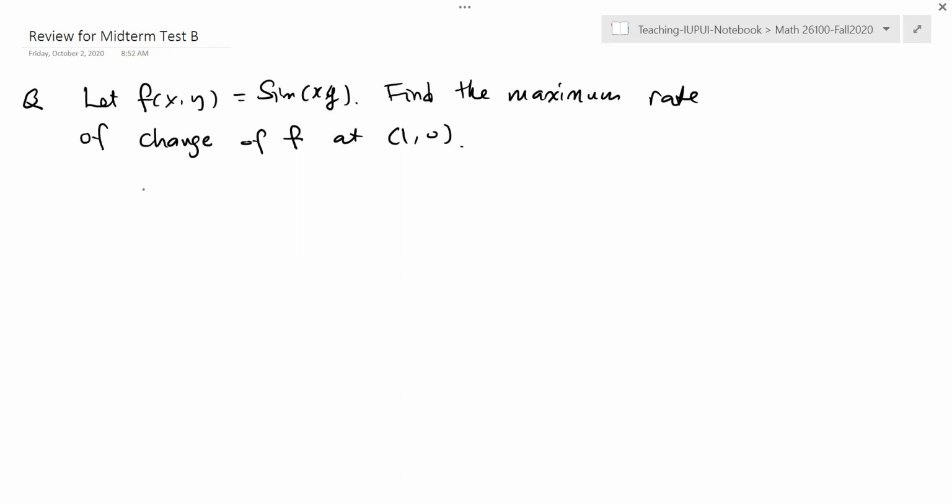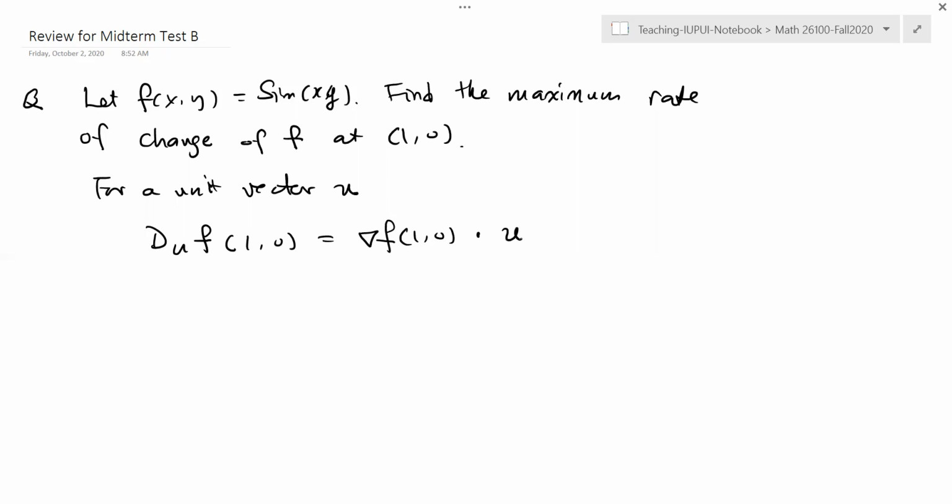So for a unit vector u, the directional derivative of a function at the point is given by the gradient of the function at this point dot product with u. Since u is a unit vector, this is always less than or equal to the length of the gradient, and this is the maximum value. And the equality holds if u equals this vector, normalized.